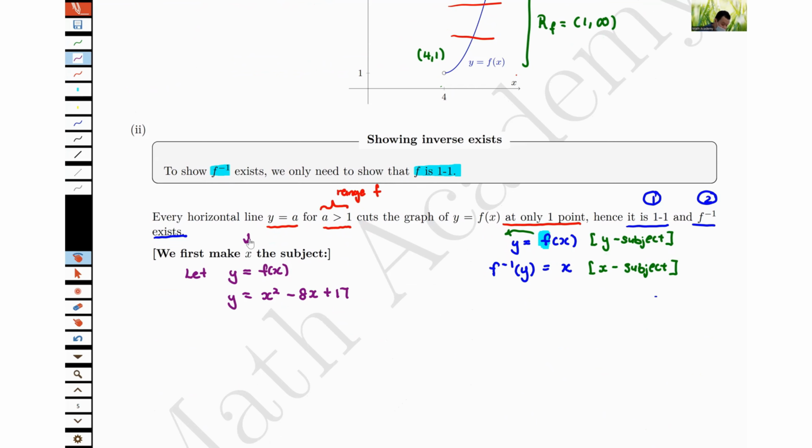There are two ways to proceed. The first way is you can complete the square. To make x the subject, because there's x squared and x, which is confusing, we will complete the square. Let me write here, there are two ways. One is complete the square, or B, we could apply also the quadratic formula.